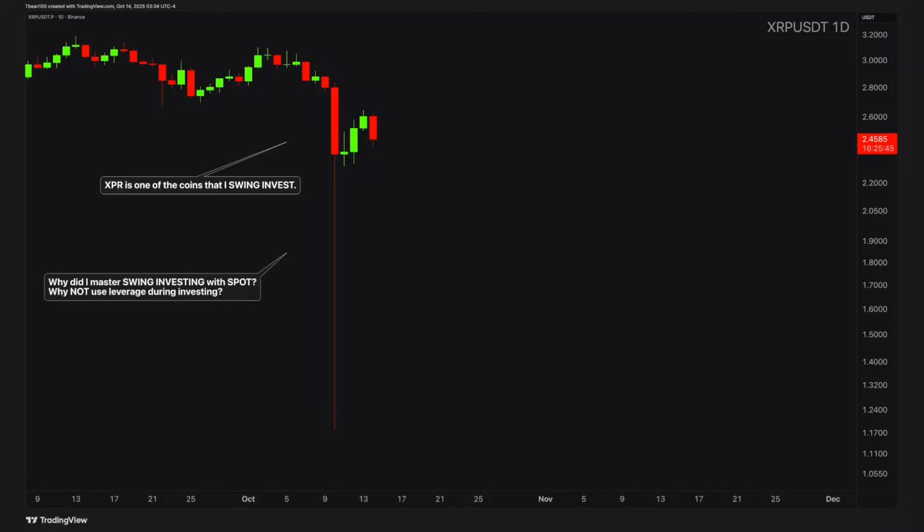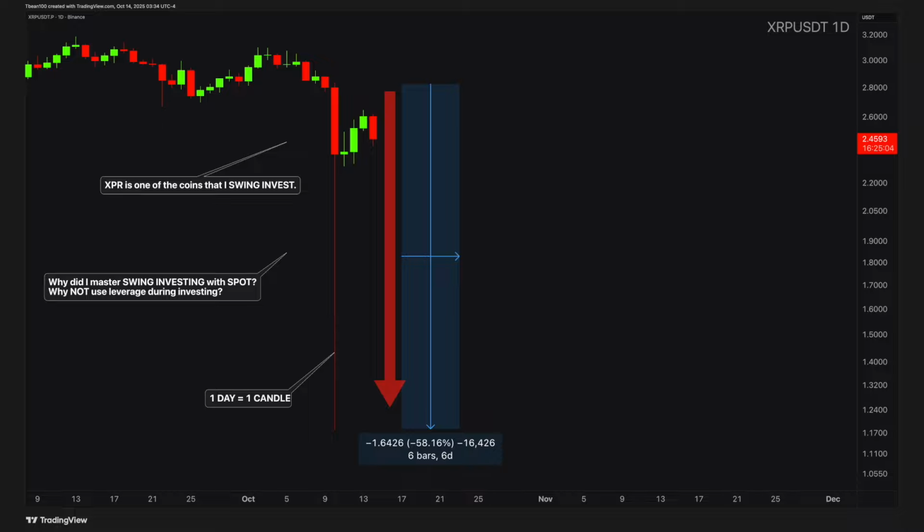Now, people often ask me, why do you focus on spot investing more than leverage when you are doing long-term trades or investments? So, let's look at this single candle carefully. This single candle represents just one day of trading.